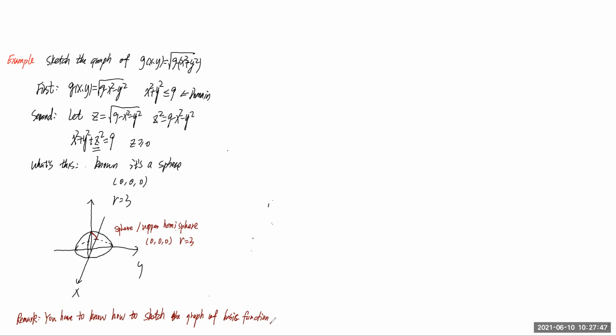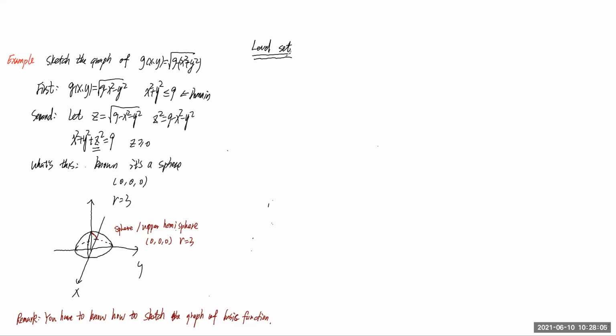So let's continue. After we talk about the graph, we are going to talk about the level set. This is very important for us.